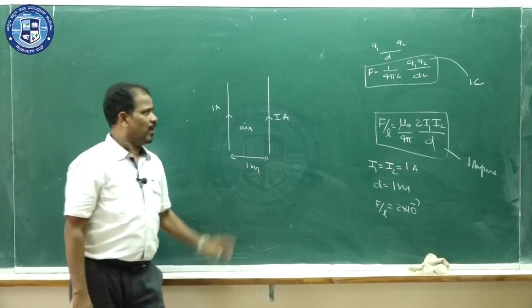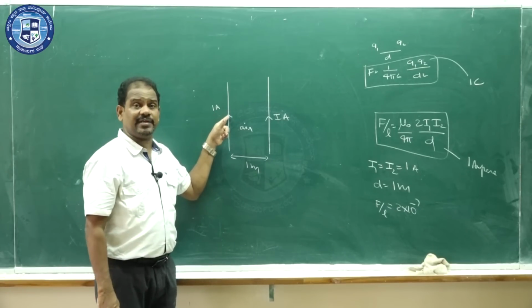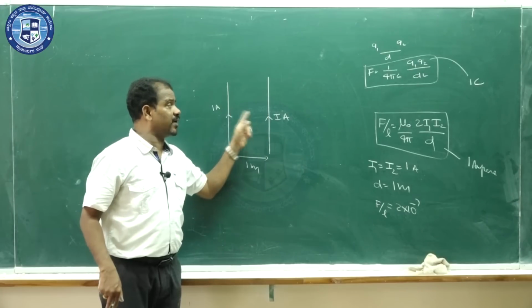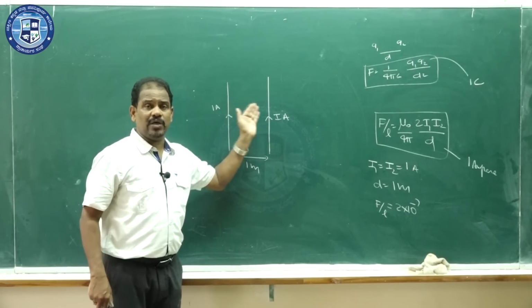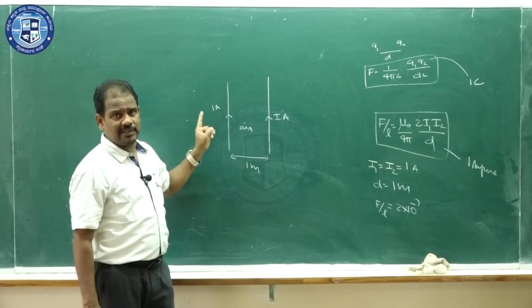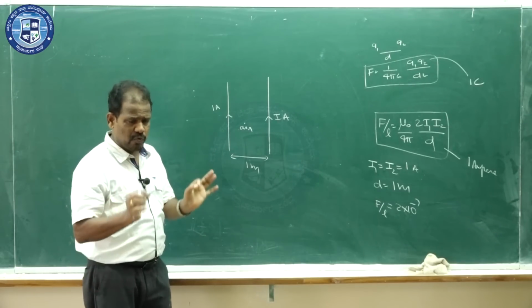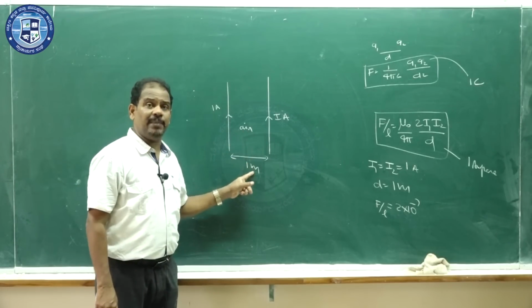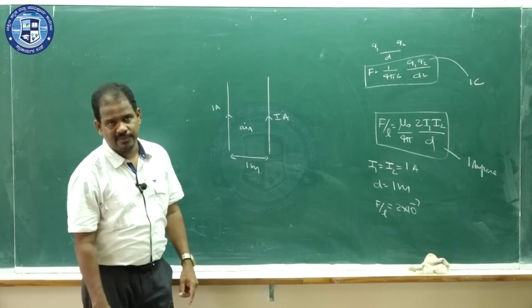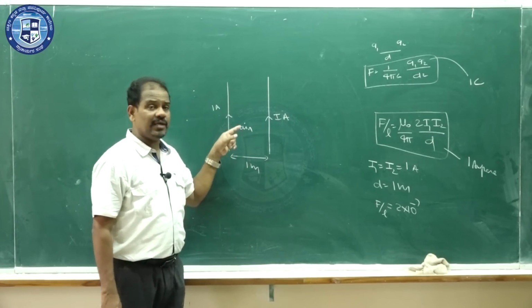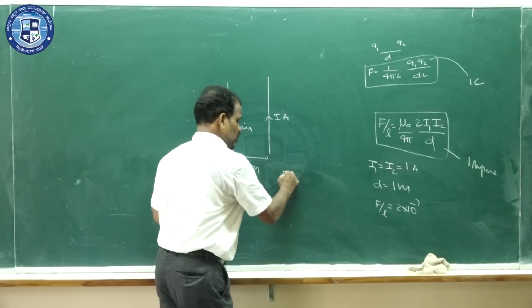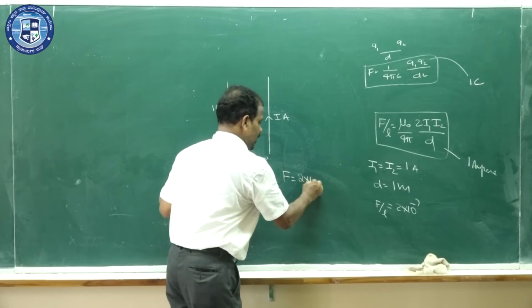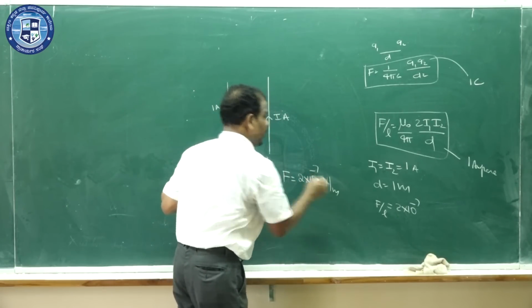So 1 ampere is that current which when flowing through two parallel conductors separated by a distance of 1 meter in air, exerts a force of 2 into 10 to the power of minus 7 Newton per meter.